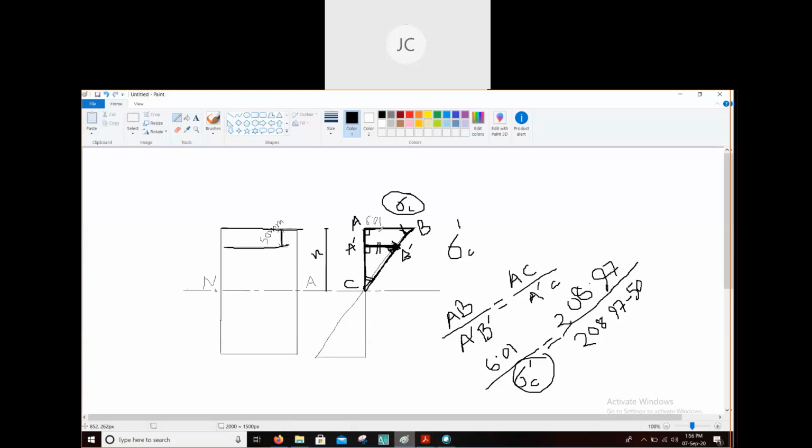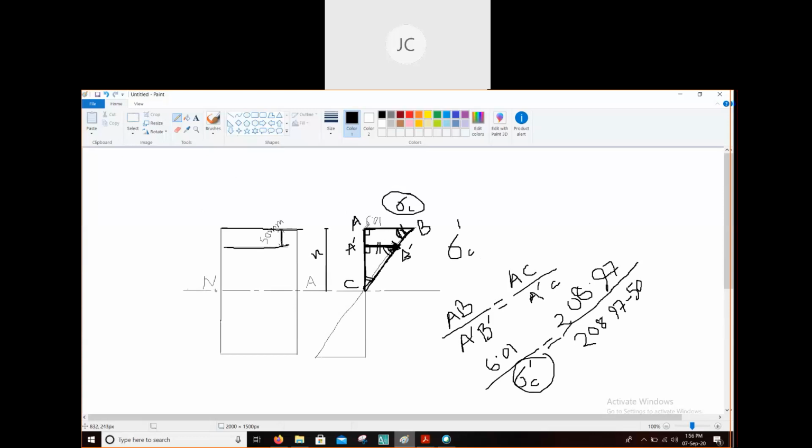Yes, sir. Okay, so these two triangles are similar because if you consider this angle in the big triangle, it is 90 degrees, and in the small triangle this is also 90 degrees. This angle is common to both triangles, so the remaining angles become equal. So now we can use the property of similar triangles.